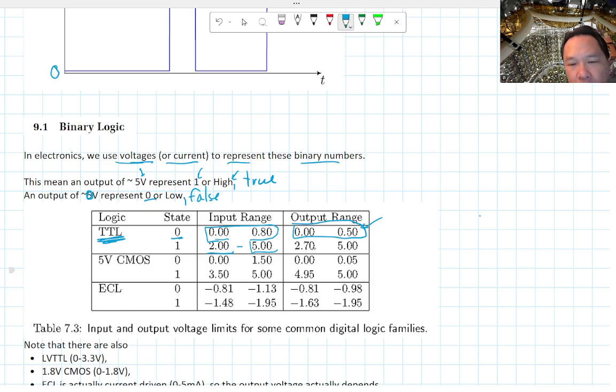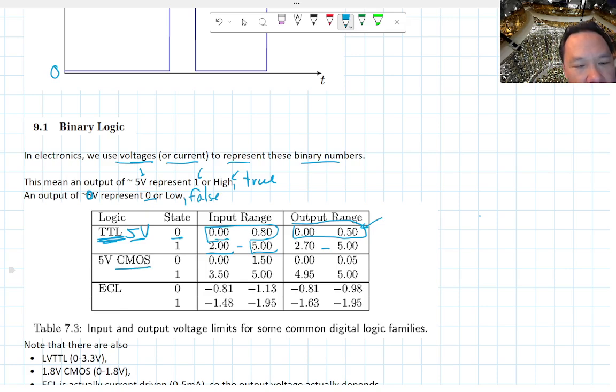For output, anything between 2.7 and 5 represents a 1. So this is TTL logic. It's a particular set of values that everyone agrees to. If you're using TTL 5-volt, these are the values you have to design your circuit to be in order for it to conform to that logic family.